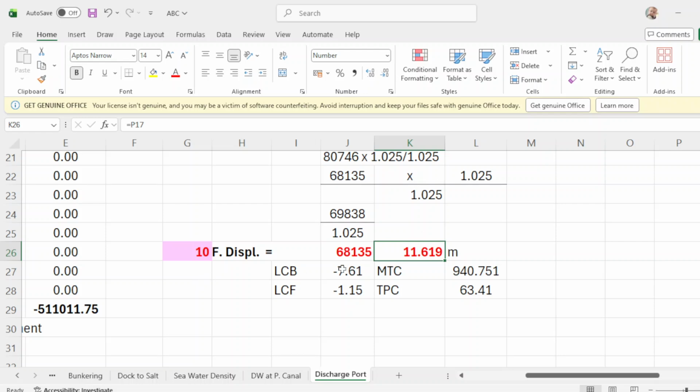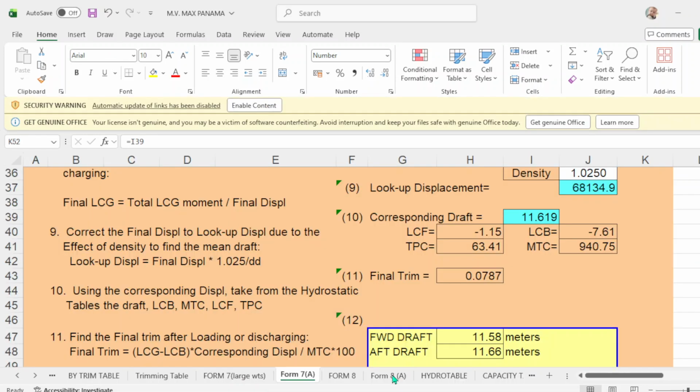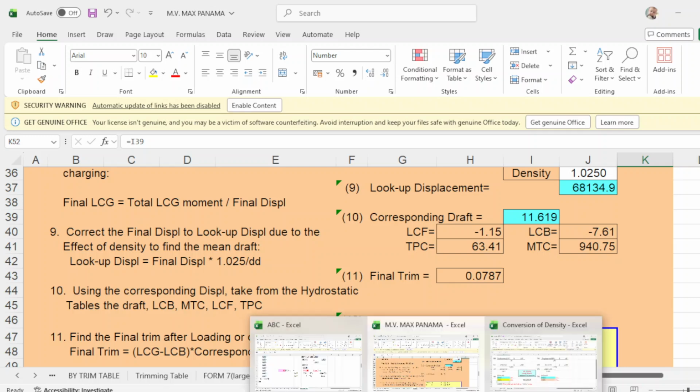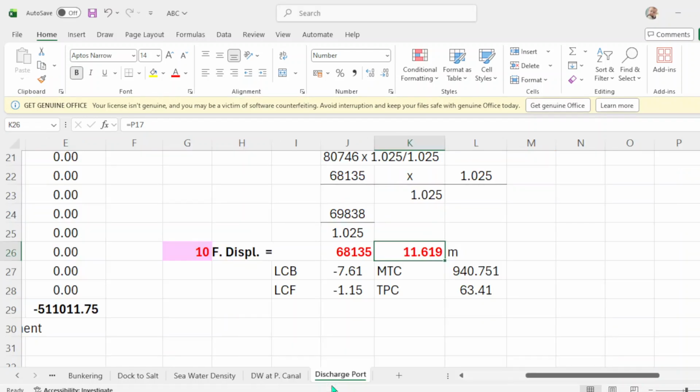With this displacement and draft, that will be number 10. So number 10 will be displacement 68135, and the draft is 11.619.